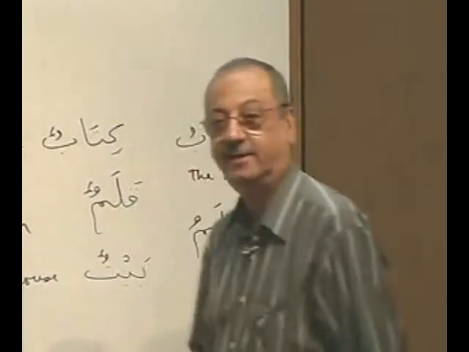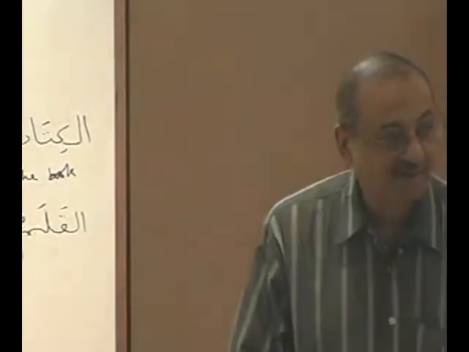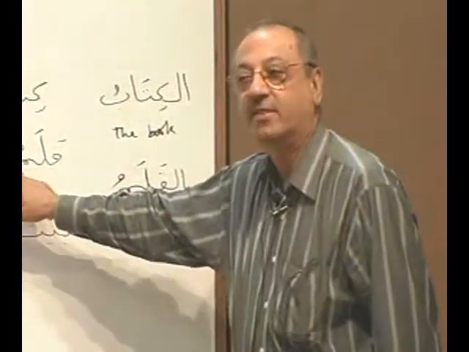Al-kalamu. Got the idea? If I write al-kalamun, that is wrong, because tanween and al cannot coexist. One has to come and the other has to go. So if you say al, then only one dhamma.